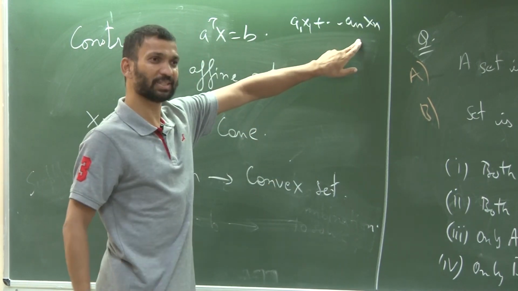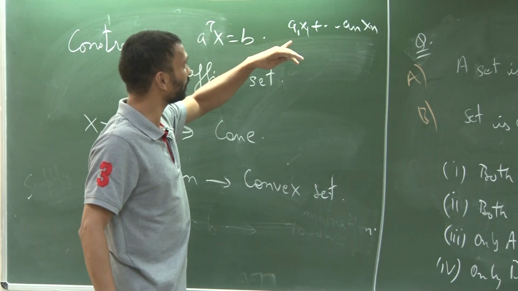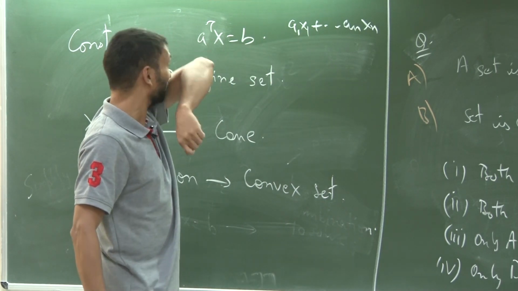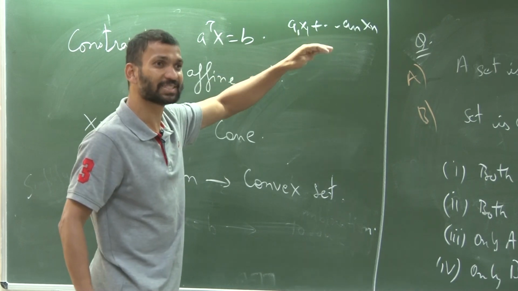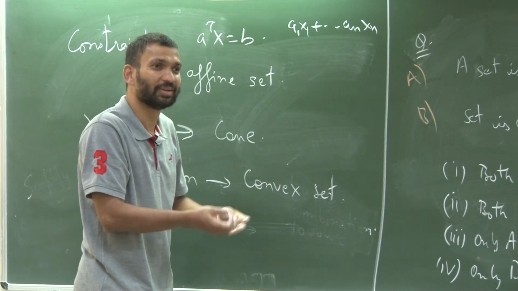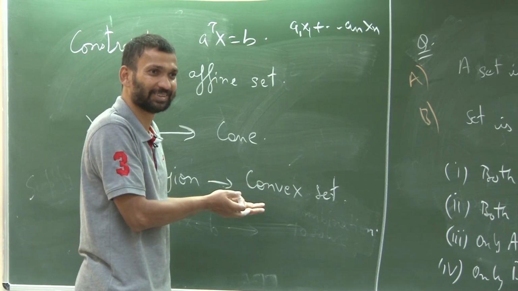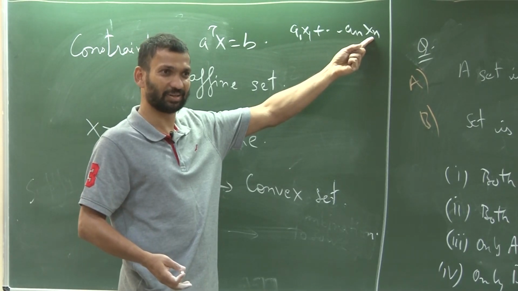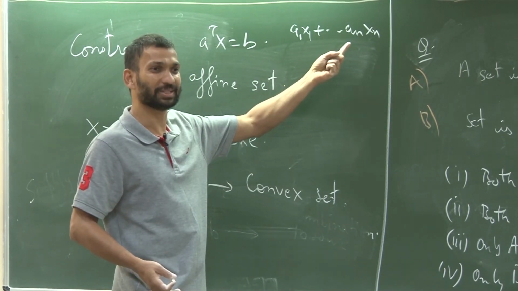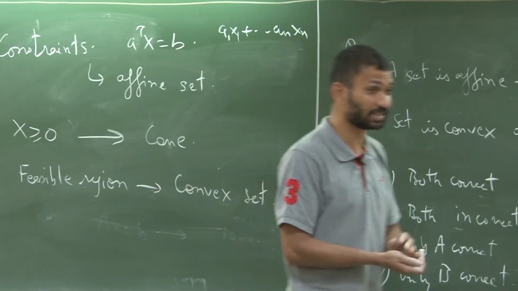Any x1 to xn which satisfy this equation are going to be in your feasible set. It is not saying that x1, x2 and xn are vectors and you are taking any possible linear combination. That is not what you are saying, right? So do not get confused, and this is actually very important.